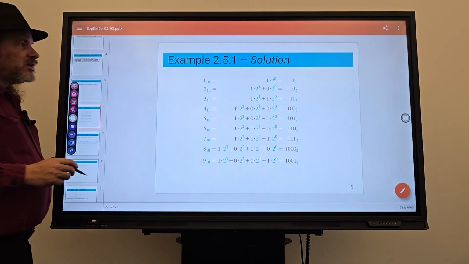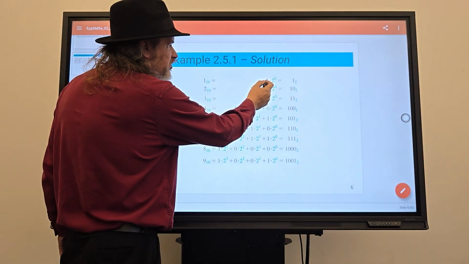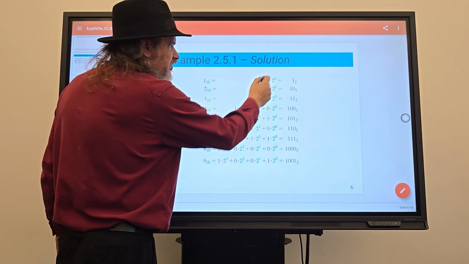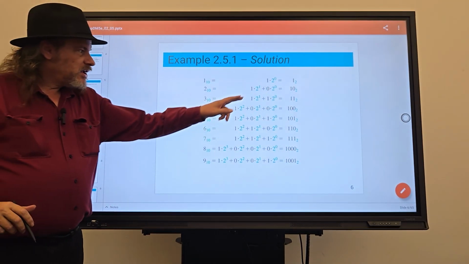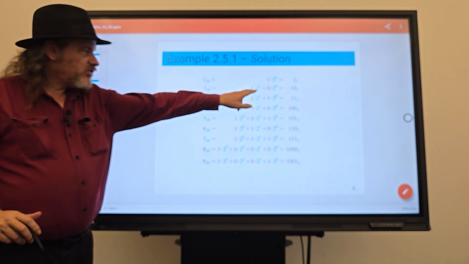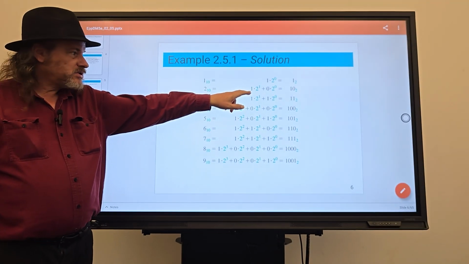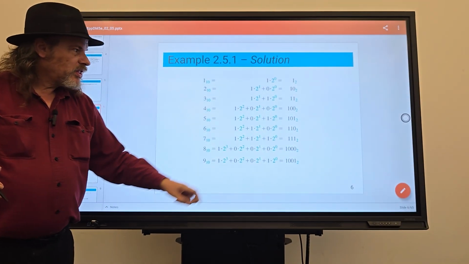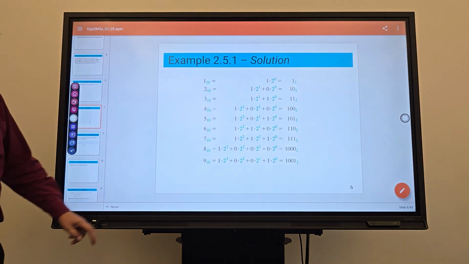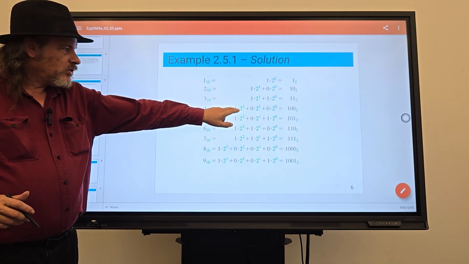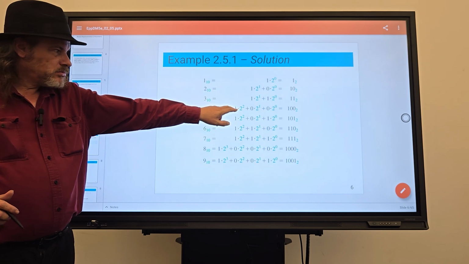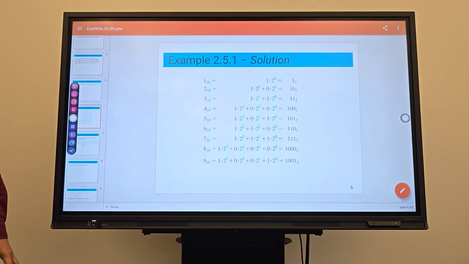So the first position is 2 to the 0th power, or ones. The second position is 2 to the 1st, or 2's position. Third position is 2 to the 2nd power, or the 4's position. And so on and so forth.